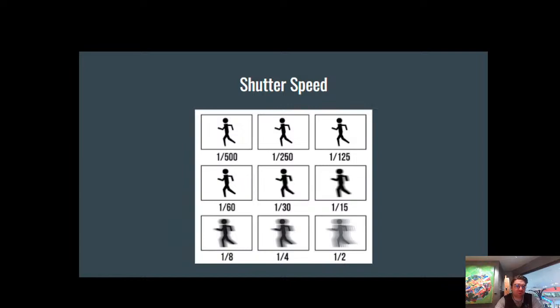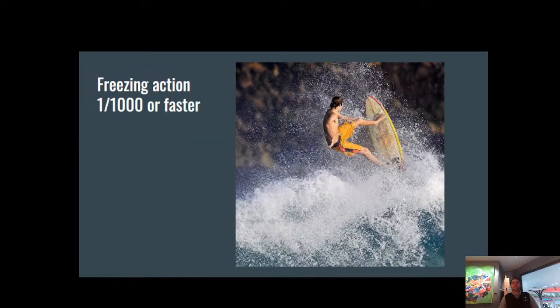Let's say you're on a cruise. Anything where movement is involved is where you'd really want to consider shutter speed to be your main priority. Whenever we're trying to get a freezing action, so the surfer guy on the right side, we want to do at least 1 in 1,000th or faster. That's going to ensure that we actually get the image, we get the person, and we don't necessarily get a lot of blurriness.